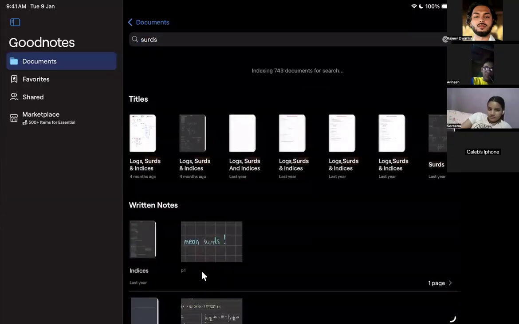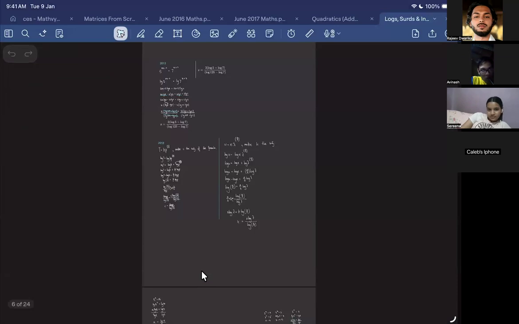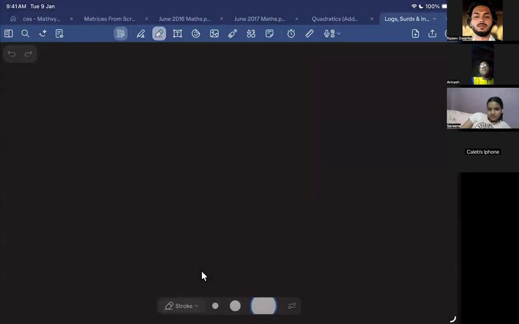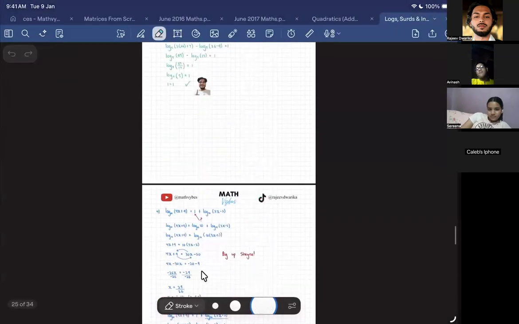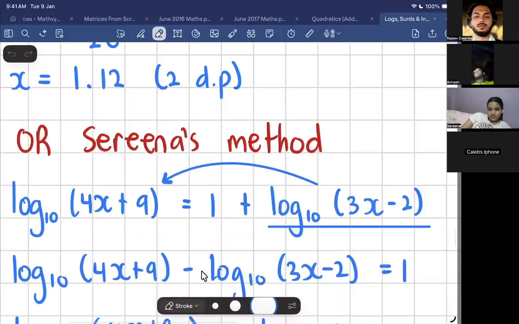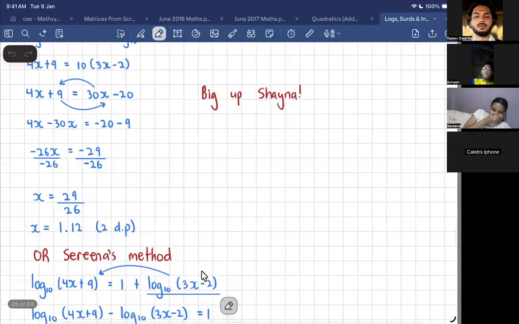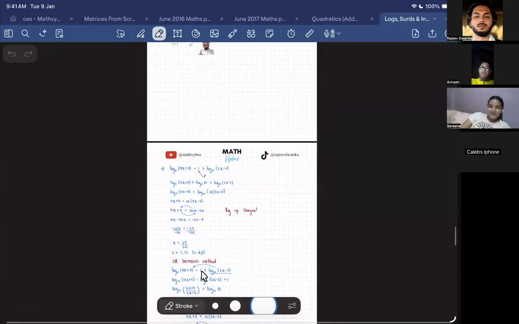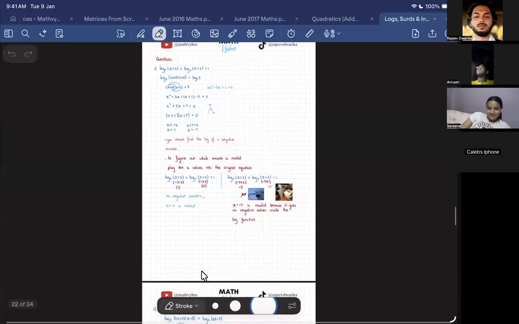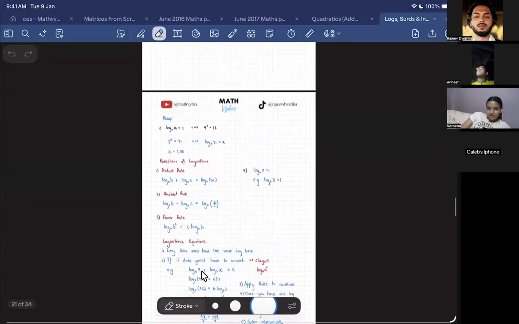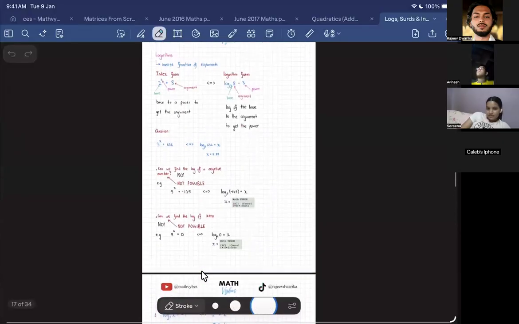I forget, but I remember doing it. Let me show you. I will send you all the notes. And watch, indices. Look, I even big up Serena and Shayna in these notes. Yeah, we definitely did these things. But the thing is, were you in the classes at that time? That's the question. That's the thing.